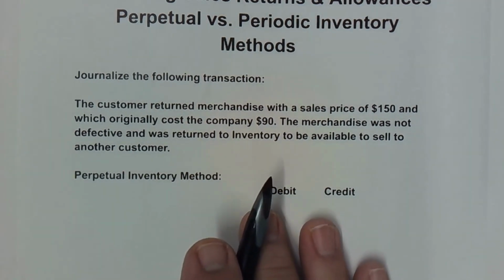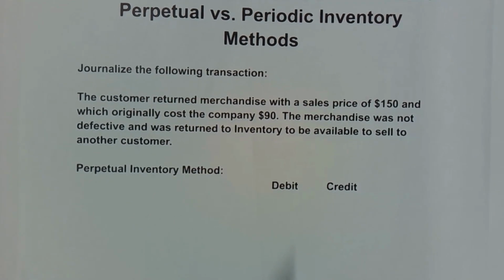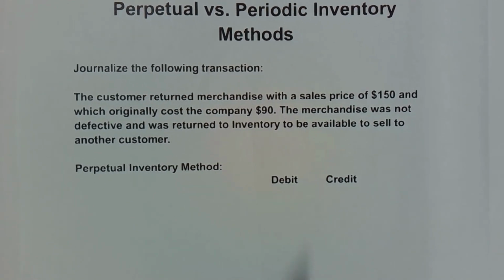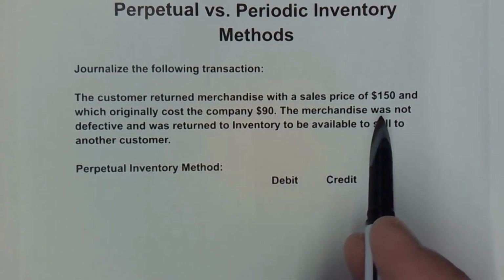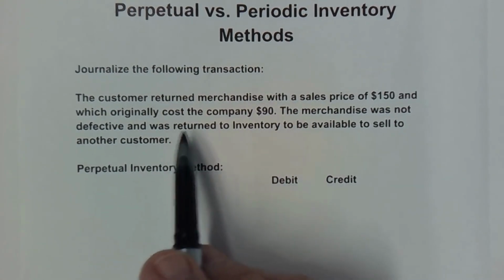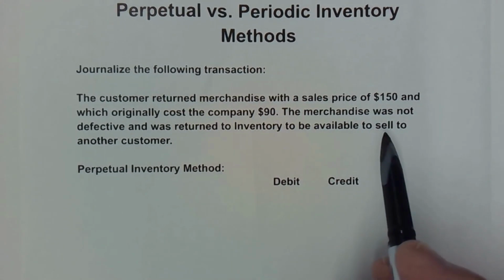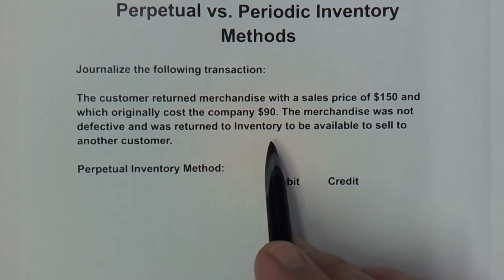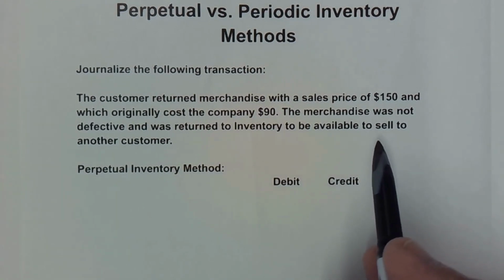In other words, the customer did not pay cash for it. It's an account receivable. And now in this section, the customer returned merchandise with a sales price of $150 and which originally cost the company $90. The merchandise was not defective, was returned to inventory to be available to sell to another customer.